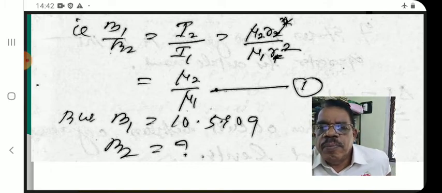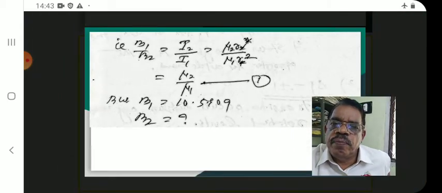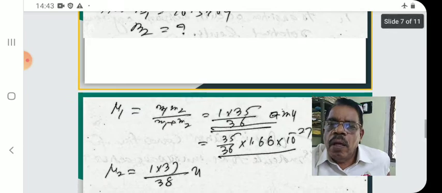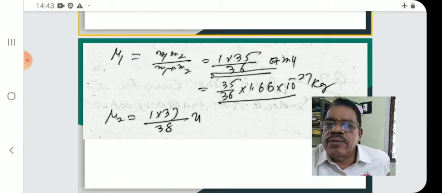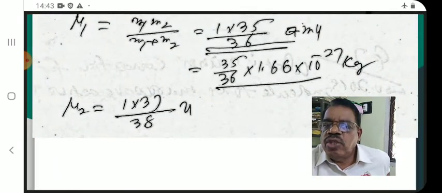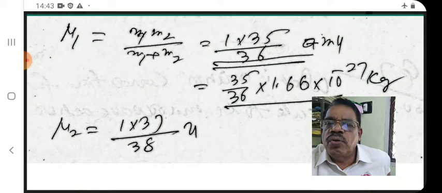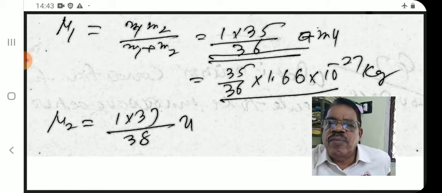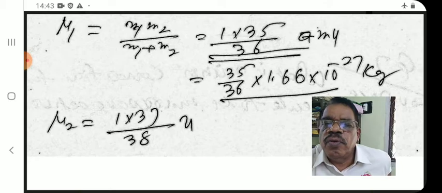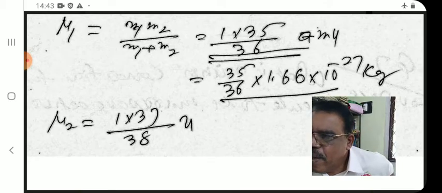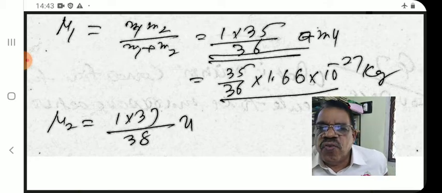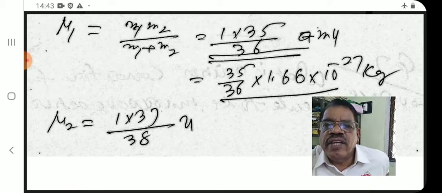B1 is 10.5909. B2 we have to find. And mu1, the reduced mass of the H1Cl35 molecule: we write 1 into 35 by 36 u, where the mass of H is 1 and the mass of Cl35 is 35.